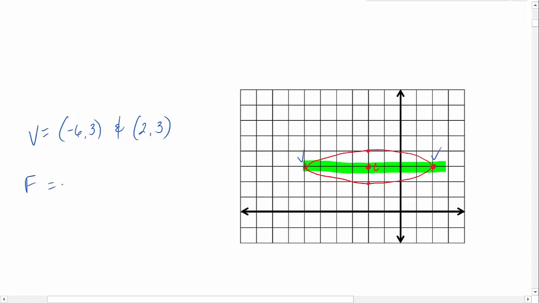In order to find our foci, we're going to go C units away from the center along the major axis. So I need to find my C value. Remember that C squared is equal to A squared minus B squared. Or C squared, I'm going to take my big denominator, 16, and minus my small denominator.